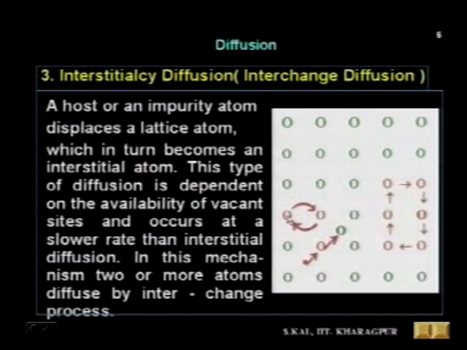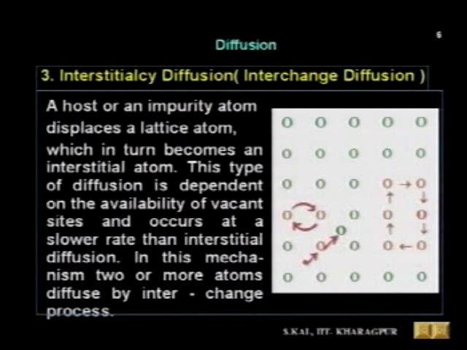That means a particular dopant atom occupies a particular lattice site and another neighboring lattice site, say silicon, is occupied, then the silicon and the dopant atom may interchange with each other. That is also movement of the dopant atoms. So all sorts of movement are known as interstitialcy diffusion. Here, a host or an impurity atom displaces a lattice atom, which in turn becomes an interstitial atom.